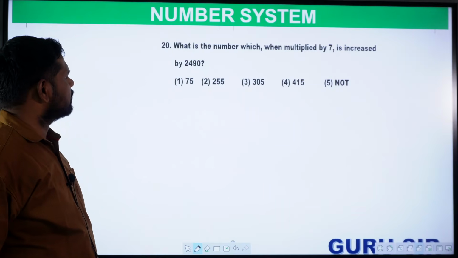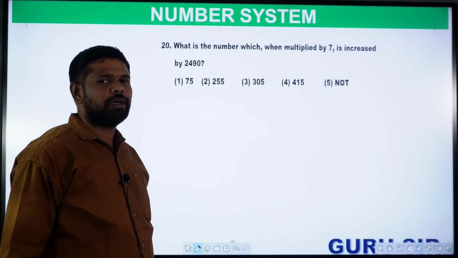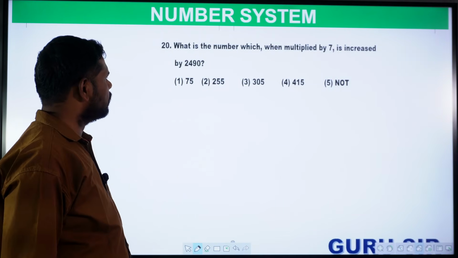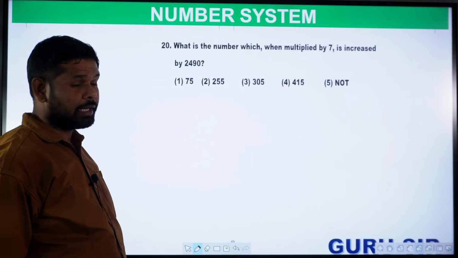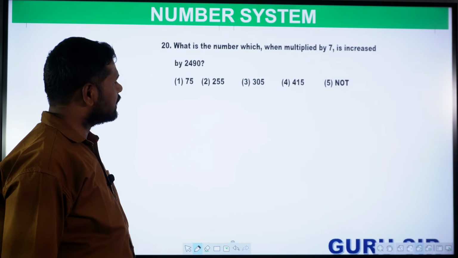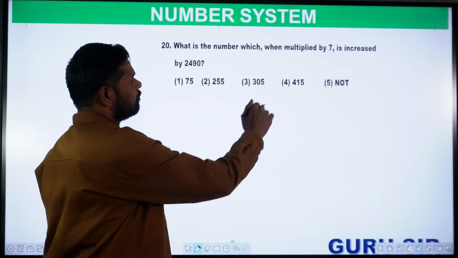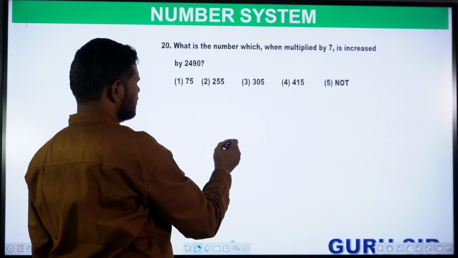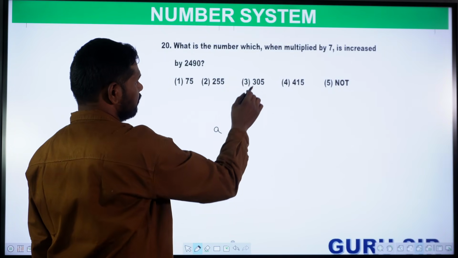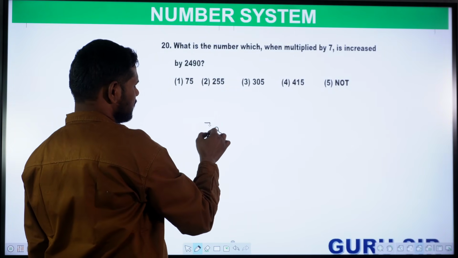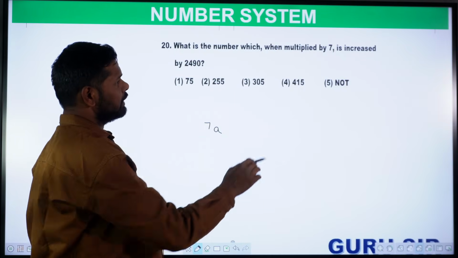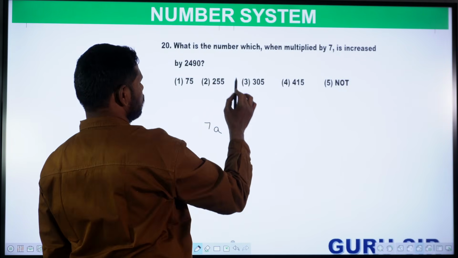What is the number which when multiplied by 7 is increased by 2490? Just reread the question once again. Suppose a number is there, A, which when multiplied by 7 is increased by 2490.